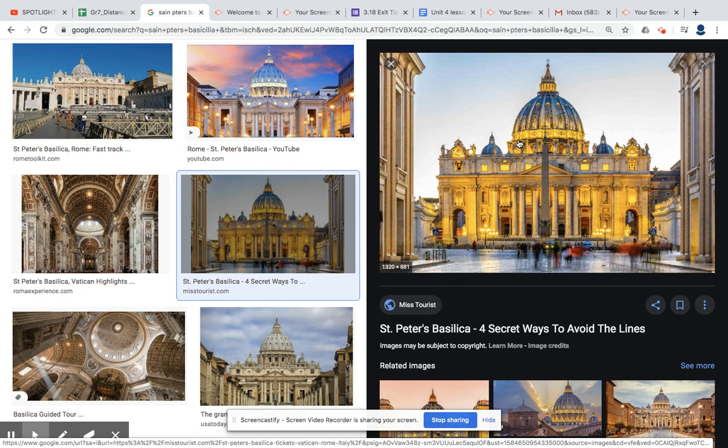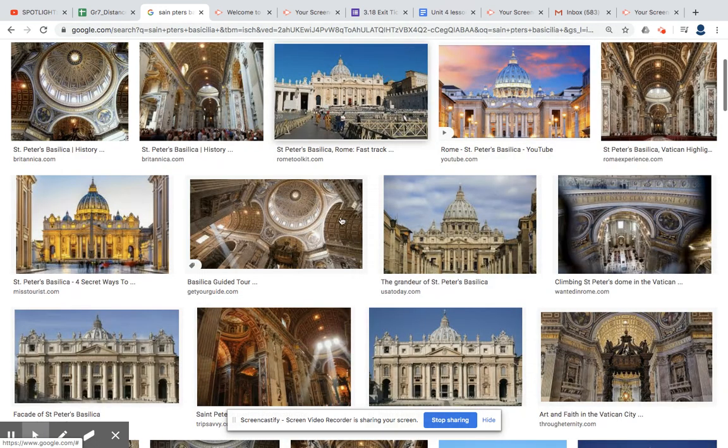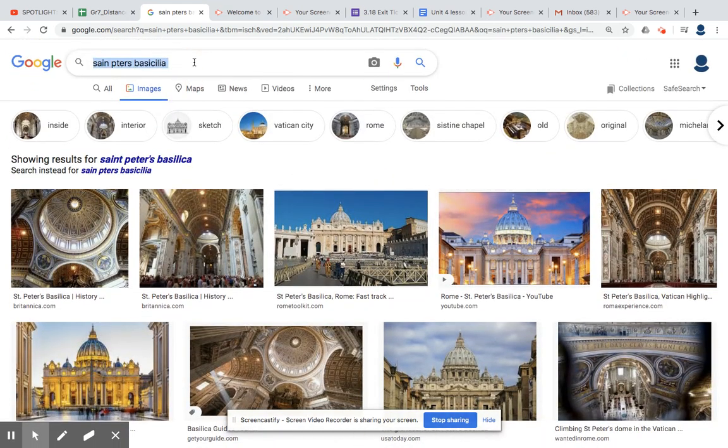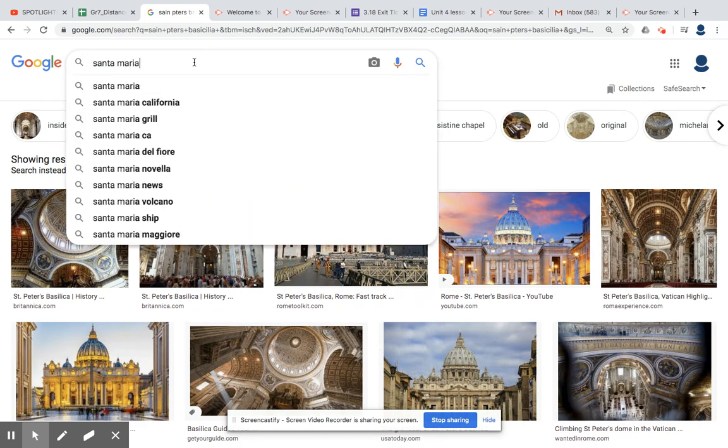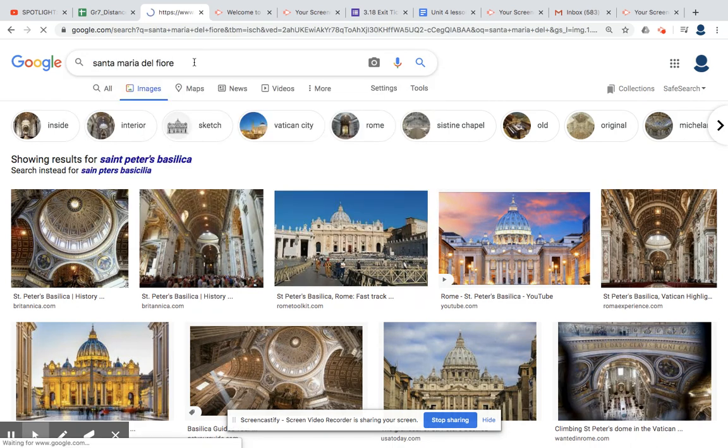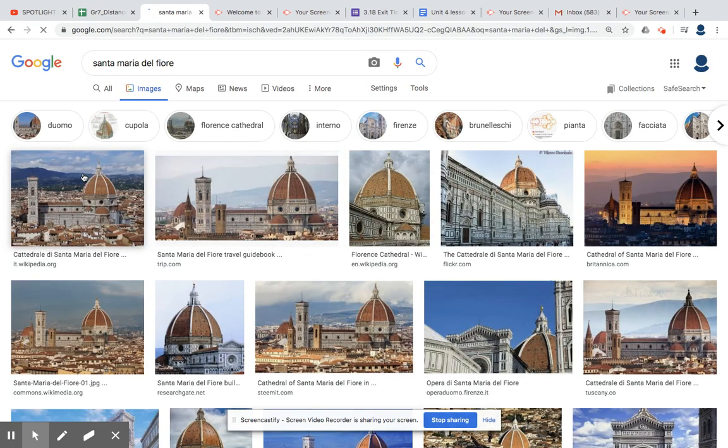So Renaissance architecture is different than Gothic architecture, and it borrows heavily from the classical period, mainly in the columns, the arches, and the use of the dome. One of the most famous structures created in the Renaissance was Santa Maria del Fiore in Florence.